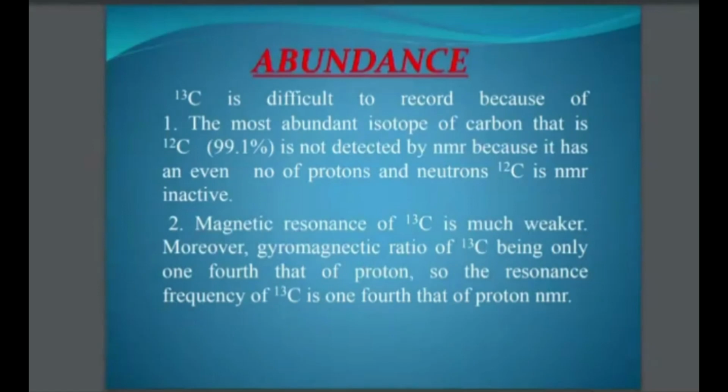See, only C13 has an odd mass number. That's why only C13 has a spin quantum number which will give the nucleus a magnetic moment.